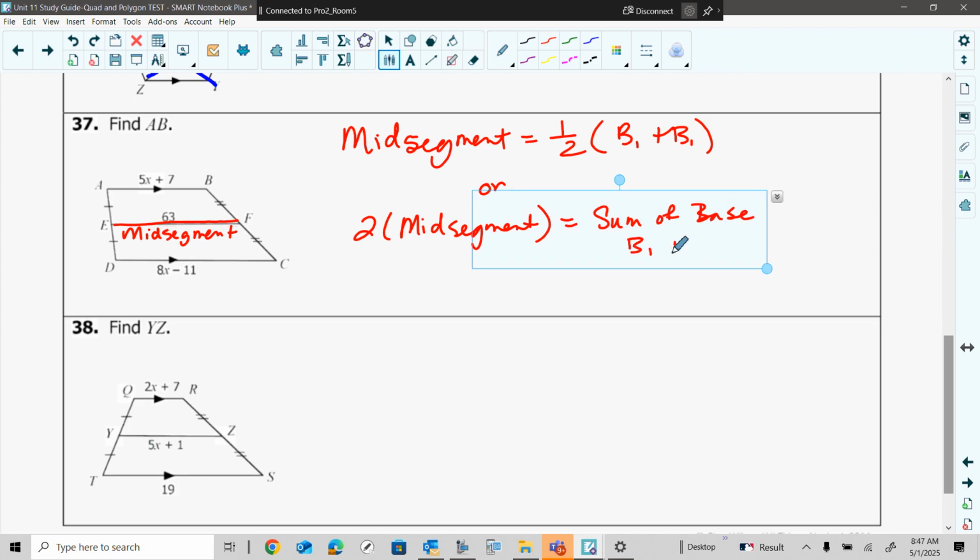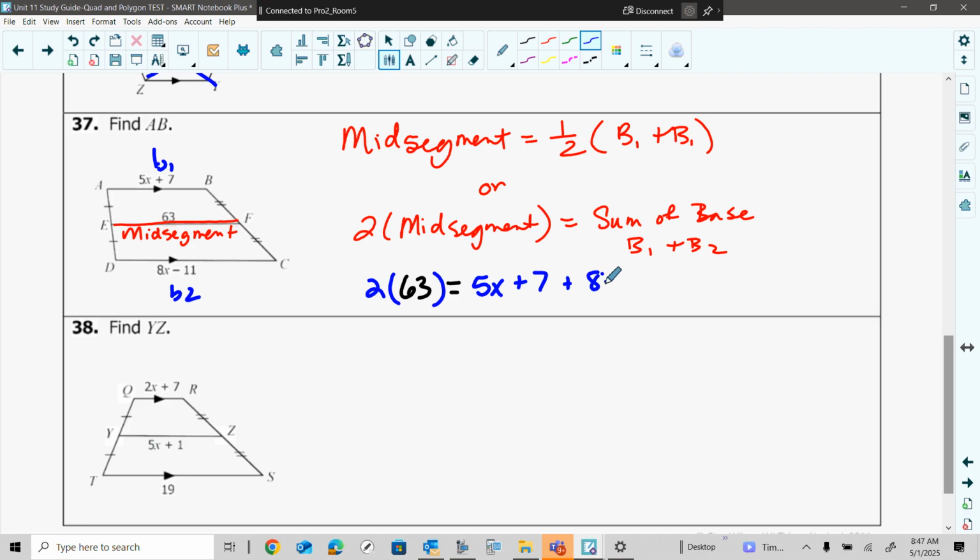So that should be b1 plus b2. So since they gave us the mid segment is 63, and my base 1 would be here, base 2. If I double this 63, it's going to equal the 5x plus 7 plus the 8x minus 11. And now we can solve for x and then plug it back in to get AB.